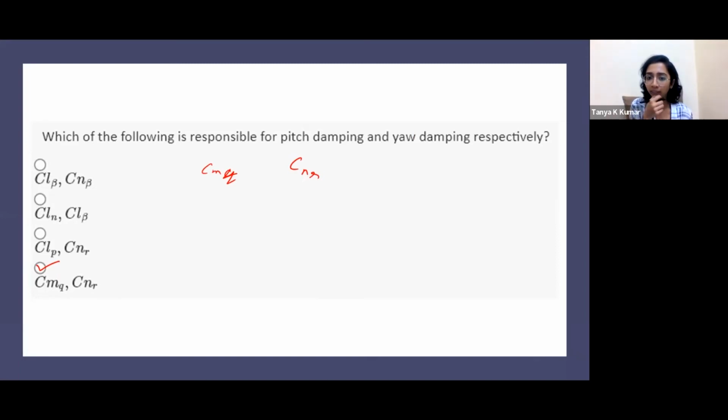We had seen when you equate it to m x double dot plus c x dot plus k x equal to 0, I told you that k is analogous to CM alpha and damping is analogous to CMQ. Similarly, when you do it for the yaw case, it would be CNR, which is, I think, given in week 11, the penultimate or the last lecture. It's directly given, it's a direct question.